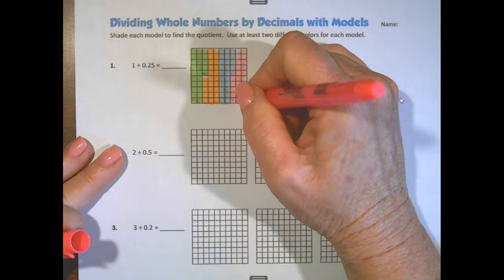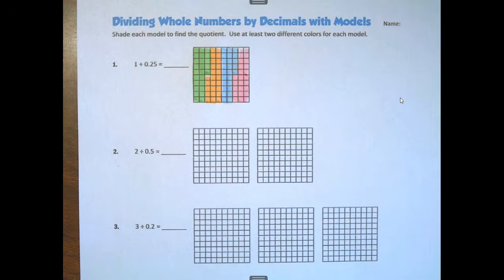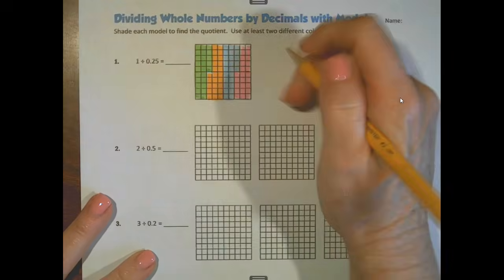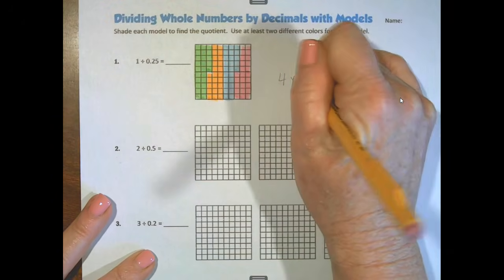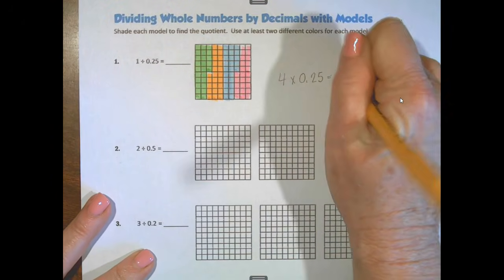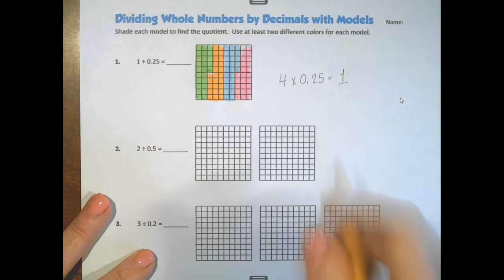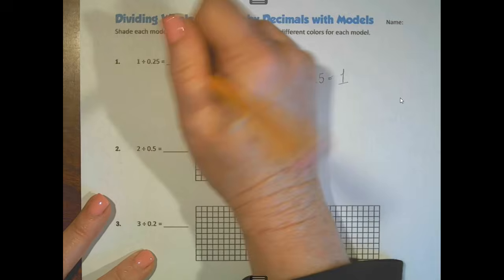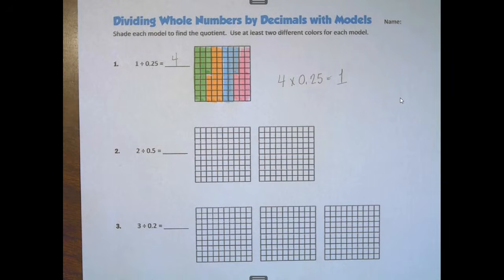And what you will see then is how many groups of 25 hundredths make up one whole. So I see 4 groups of 25 hundredths equals our one whole. That related math fact is very helpful. So one whole divided into 25 hundredths, I have 4 groups of 25 hundredths.